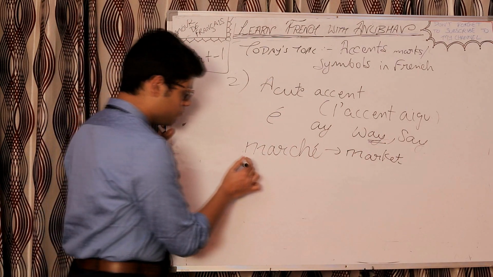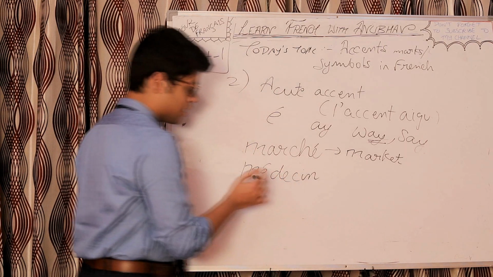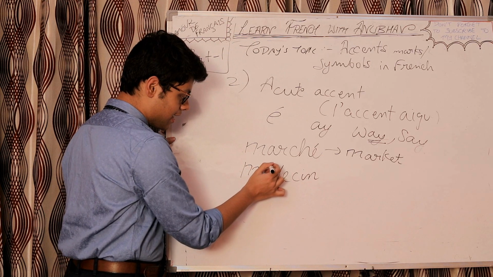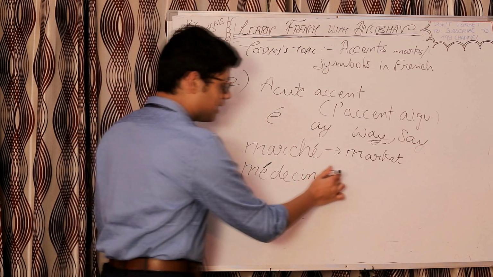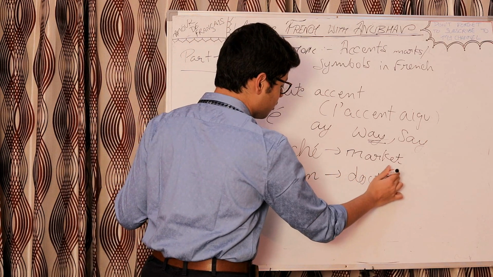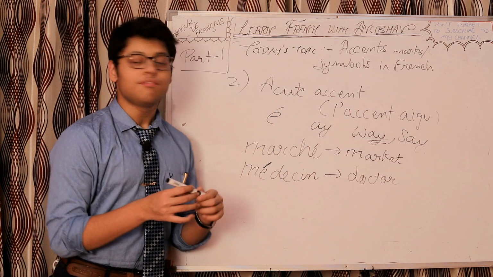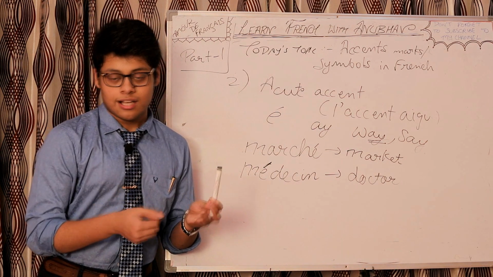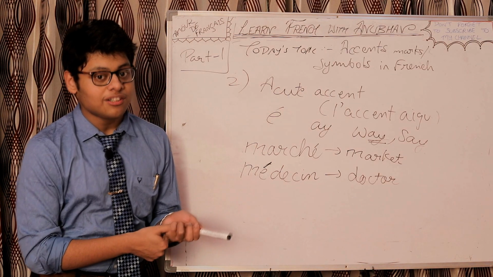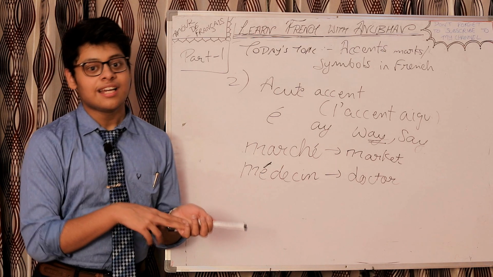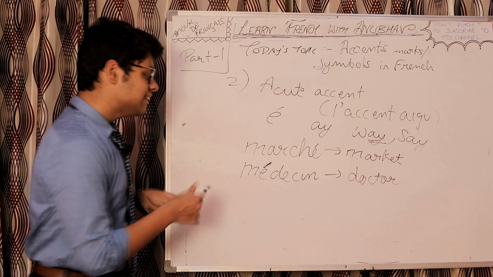Let's write one more word here, médecin. Médecin. Again, an accent over here. Médecin means a doctor. And then the most common place to find it, like the past participle, be it ER ending verb, GER ending verb, many of the stem changing verbs, like generally the ones which end with ER, say parler.